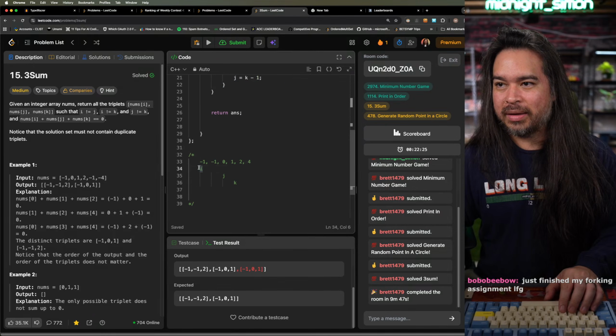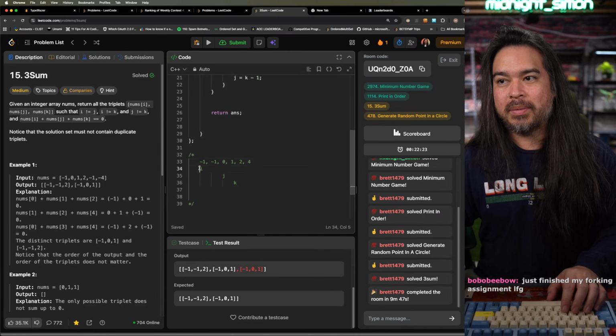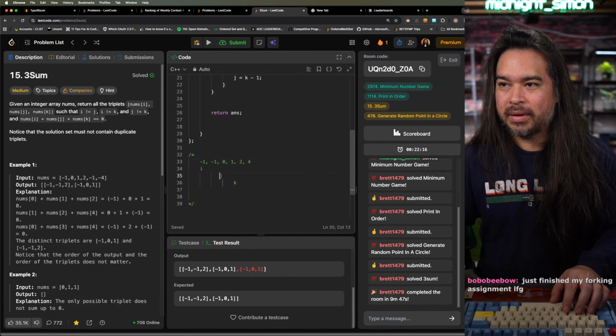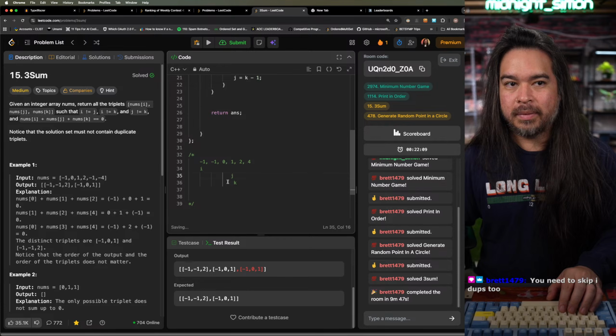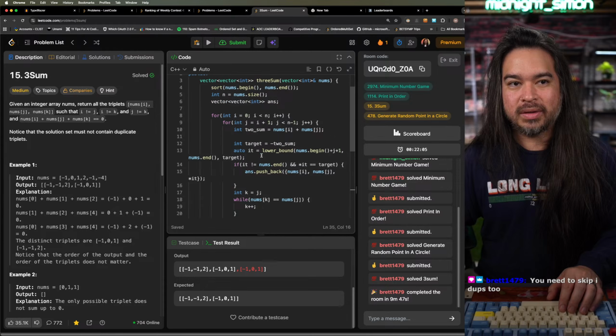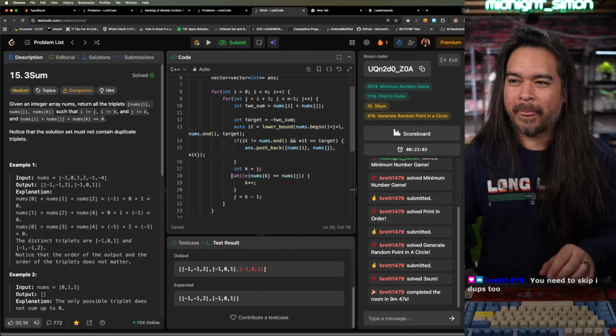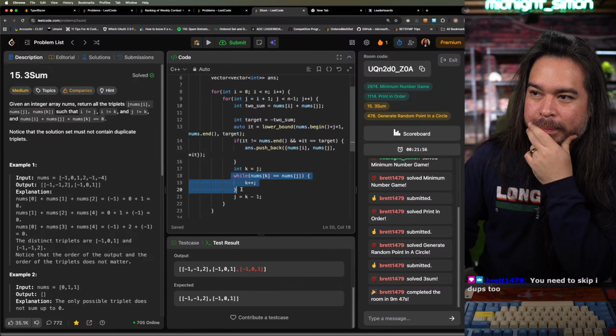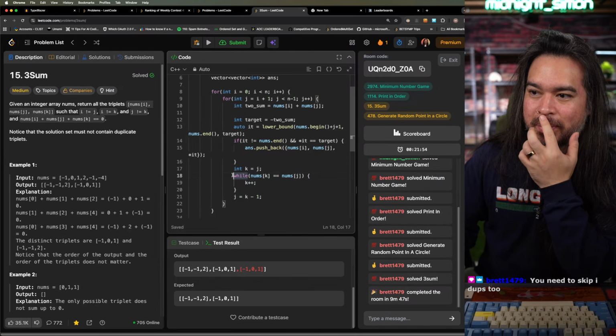How do I get that? So maybe I gotta. Alright, so I hit that -1, -1. And then I hit this one. You need to skip I dupes too. How do I skip that nicely? Because this is like a weird skip.